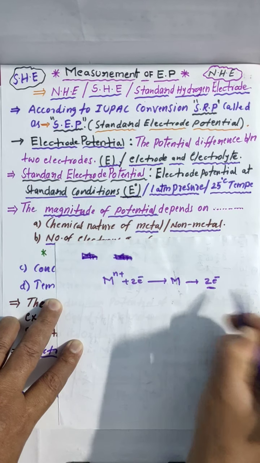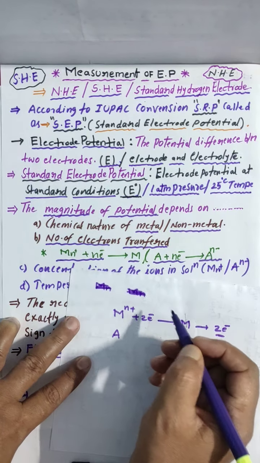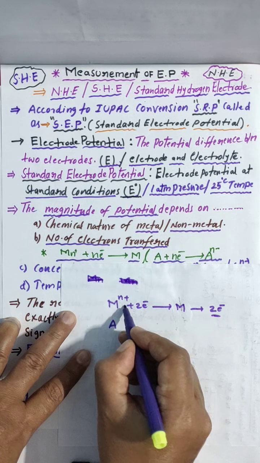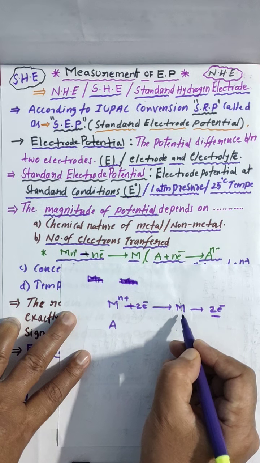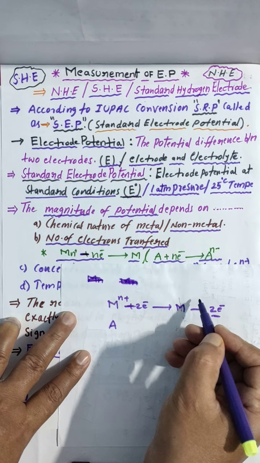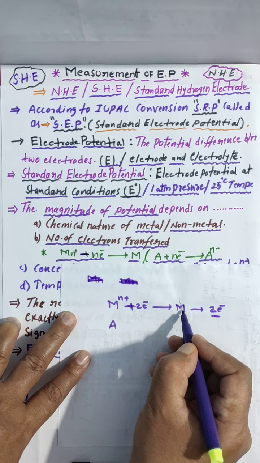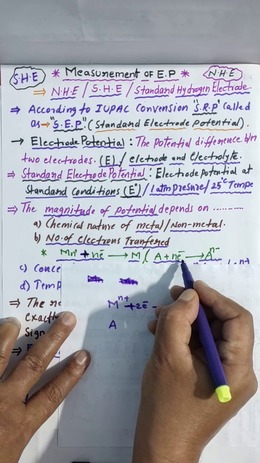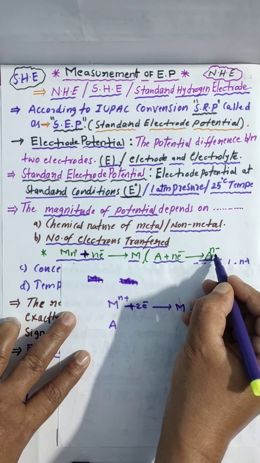Similarly, for a non-metal: when a metal loses electrons, it gets M plus; when it takes electrons, it gets the neutral atom again. When a non-metal takes electrons, it gets a negative charge.